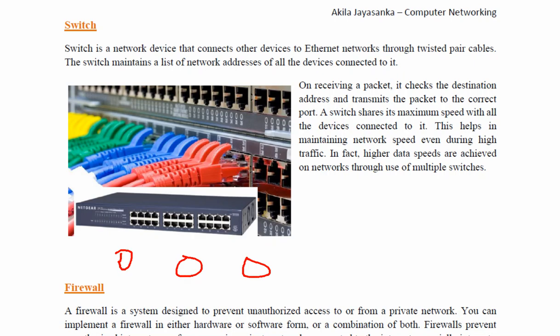We can use RJ45 connectors and Ethernet cables to connect these computers to the switch. Then the switch allows communication between these computers in the network that we have now created.